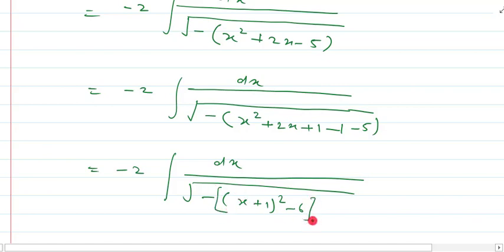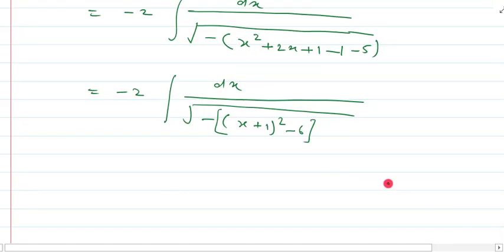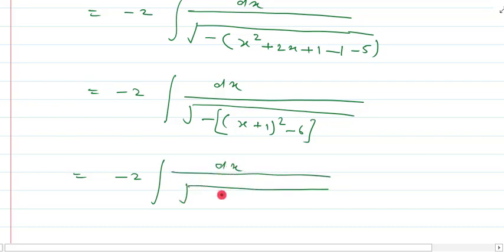Don't forget to write the whole bracket, because this negative sign is outside the two terms. Now take this negative sign inside again, so it is dx upon square root of 6 minus x plus 1 whole square, and this 6 can be written as root 6 whole square, isn't it?